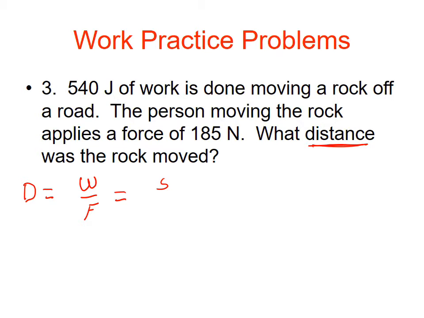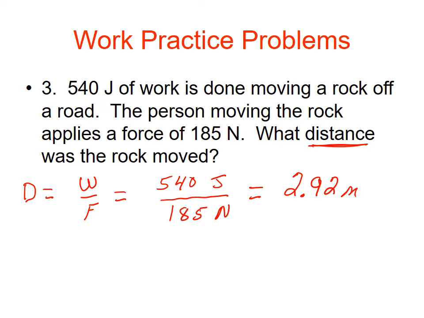So the amount of work was 540 joules divided by the force of 185 newtons. So when I run that through my calculator, I get 2.92. My units, since we're looking at distance, is going to be meters.